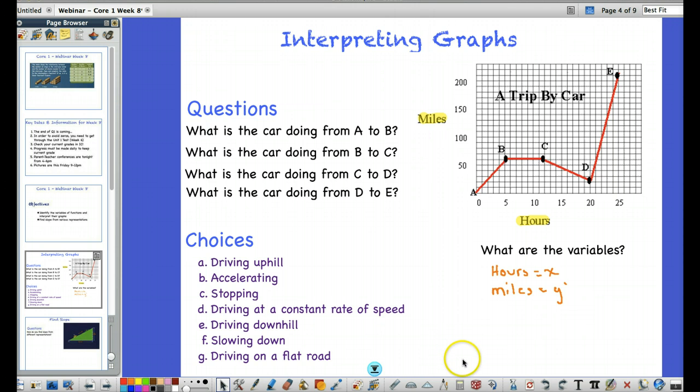Okay, so Dustin has put in an answer. Oh, good. Kiana has put in an answer. You just want to put in an answer into your notepad from A to G. Which of those choices gives you the answer to the first question? What is the car doing from A to B? Okay, so I want everybody to put something in there. Donnell, you got to pick a choice.